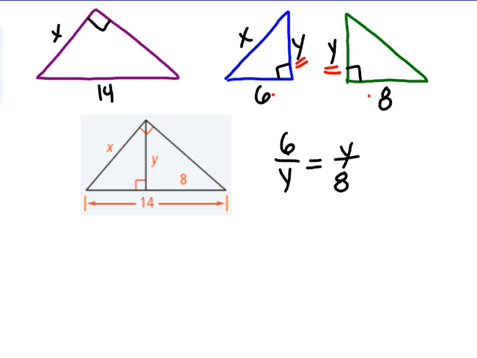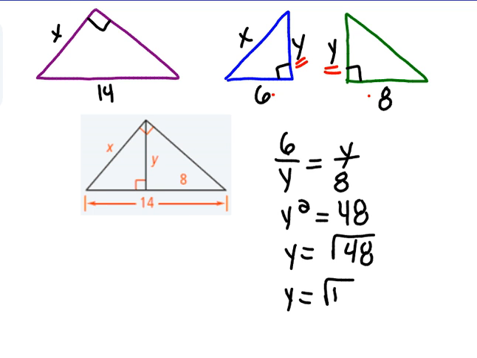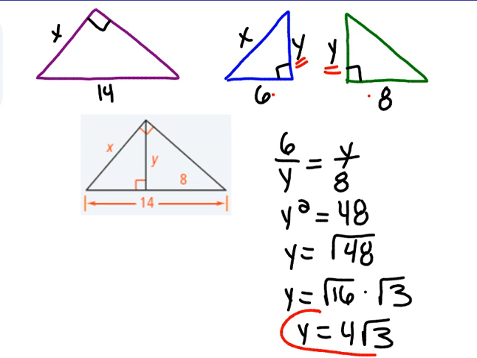So we get y squared equals 48. And then the highest perfect square that can go into 48 is going to be 16. So that is your answer for y. Y is 4 square root of 3.